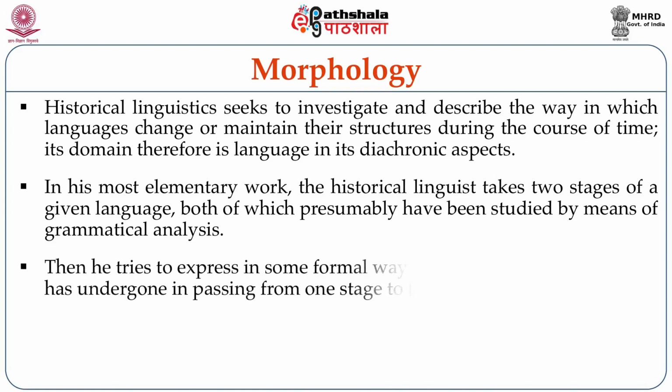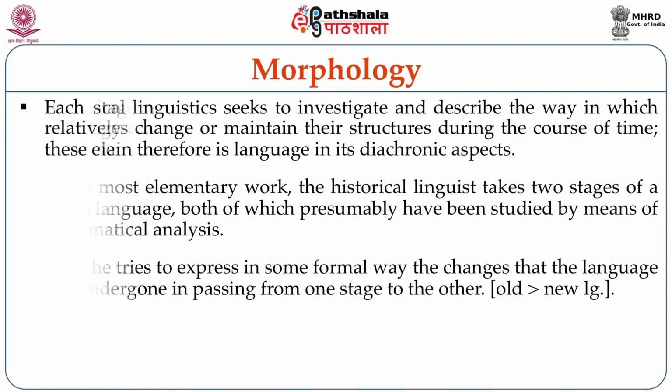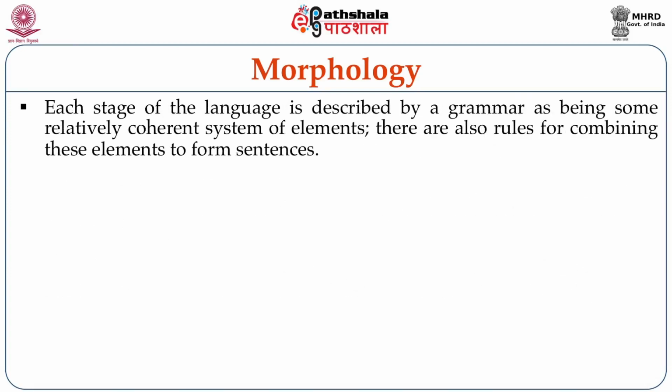Then he tries to express in some formal way the changes that the language has undergone in passing from one stage to the other, older stage to the newer stage. Each stage of the language is described by a grammar as being some relatively coherent system of elements.